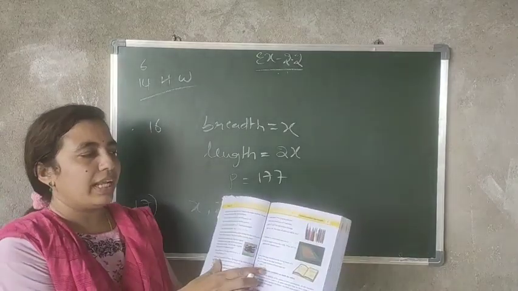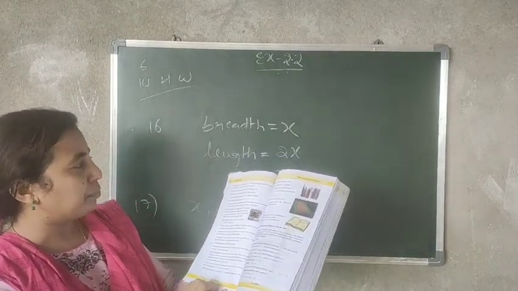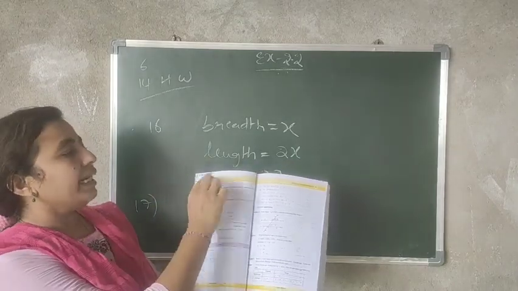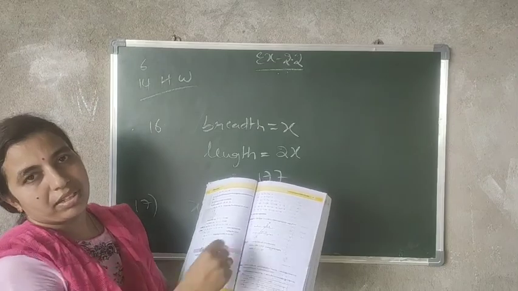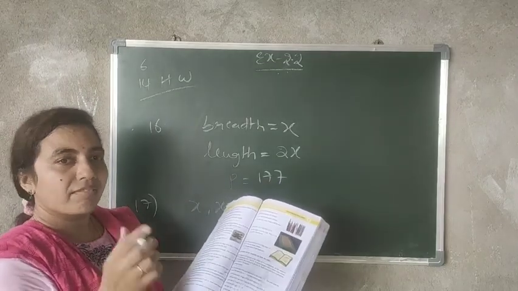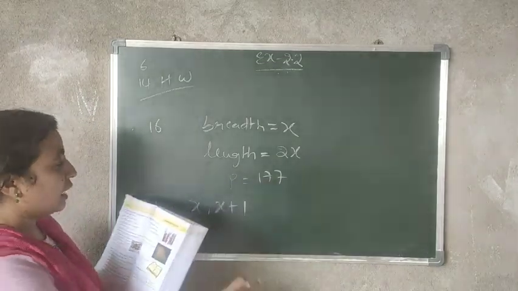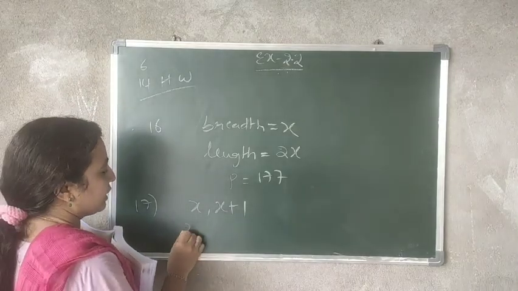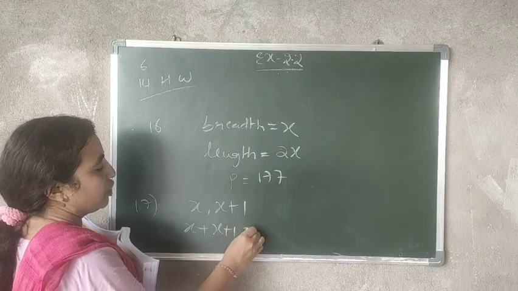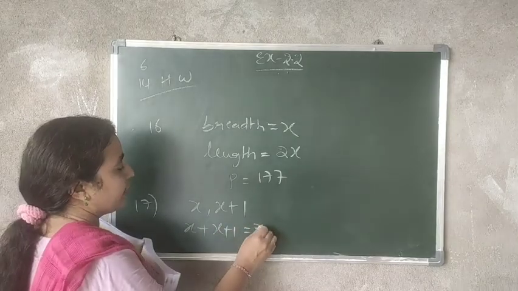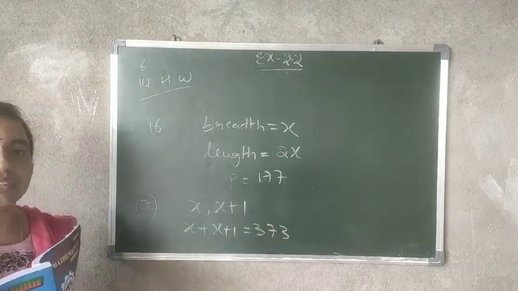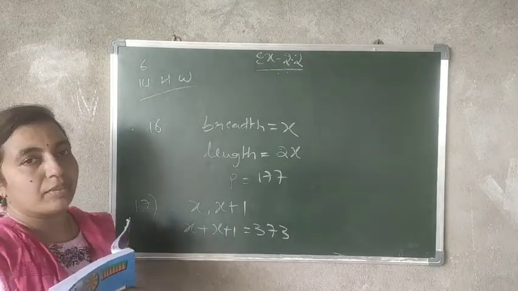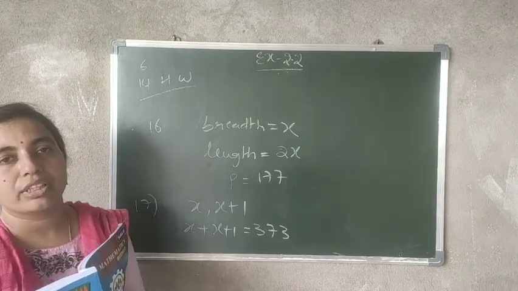See here in this textbook, if you observe 46, 47, 48, 49, it is x and x plus 1 always. So what they have given, the sum of these 2 numbers, addition of these 2, is 373. Now solve this so that you will get the x value. So you can find the 2 page numbers. Write in steps. Don't forget to write the steps.